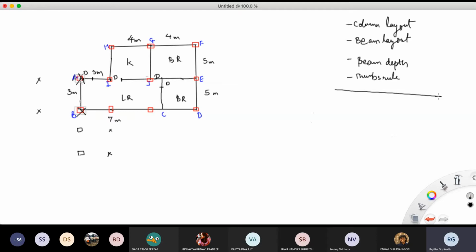But if you are doing something which is a bigger space, when you come to your next semester, when you will do some kind of institution or commercial complex, you will have to make this column layout. And you have to make the column layout very tight, very efficient. So the column layout becomes your basic.